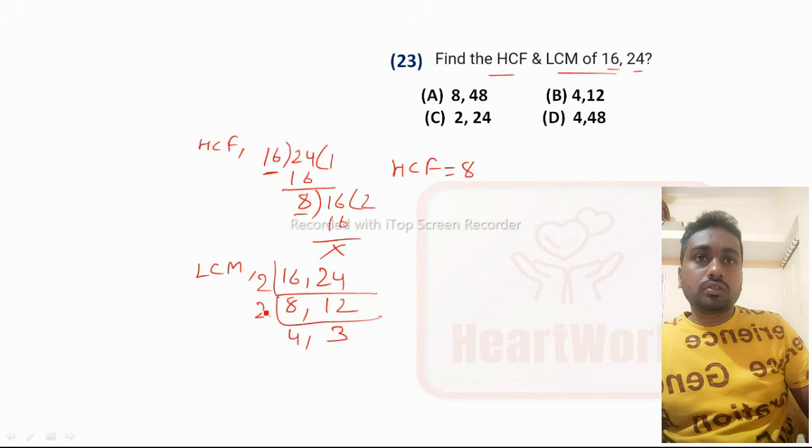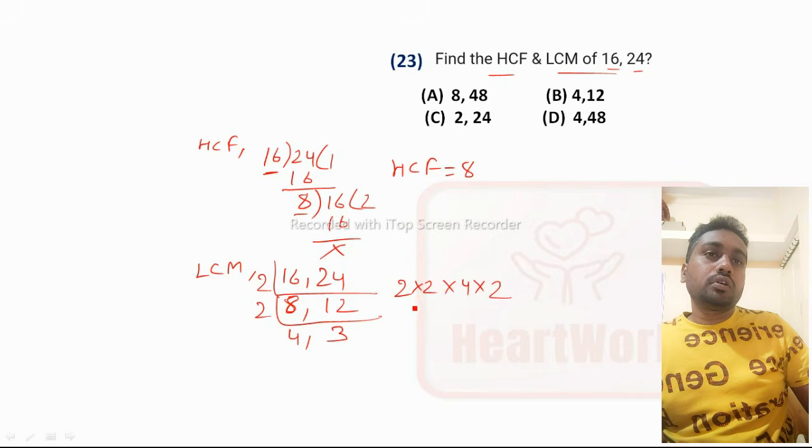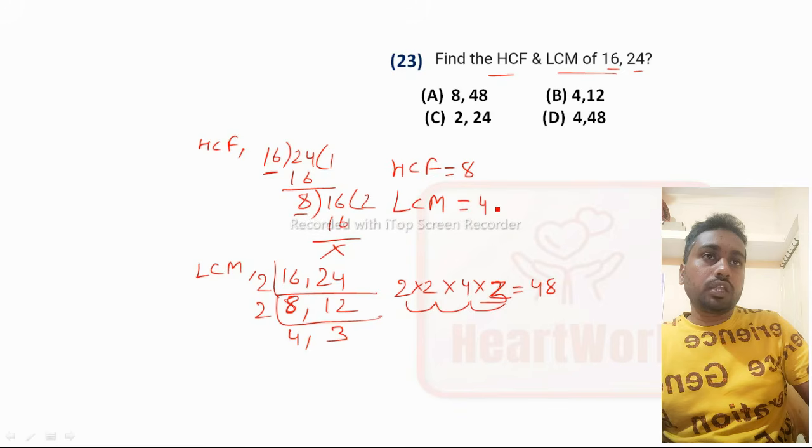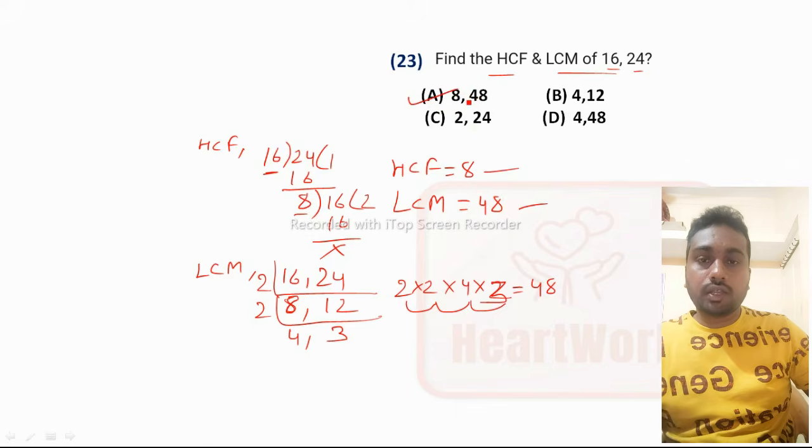So 2 into 2 into 4 into 3 is equal to 48. So LCM is 48. So HCF is 8 and LCM is 48. Option A is the right answer.